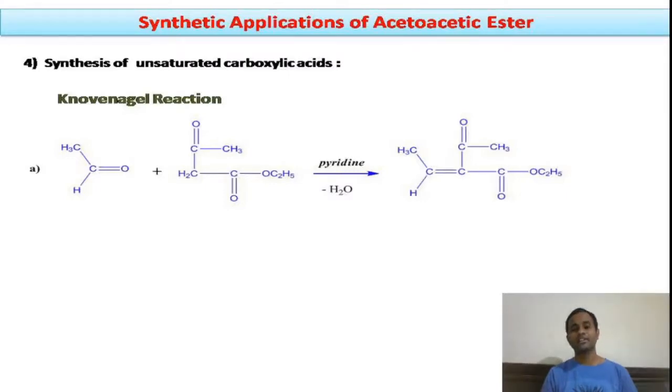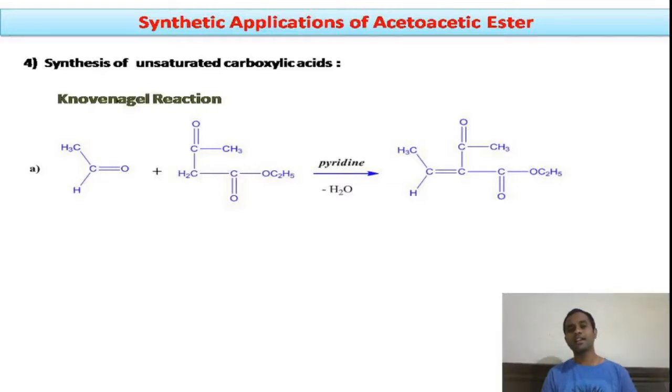So for that, what we are doing here, we are treating our acetoacetic ester with the aldehyde in presence of base, that is pyridine. Here pyridine is a base. When this active methylene compound, that is acetoacetic ester, is treated with aldehyde in presence of base, it undergoes condensation reaction to give this product.